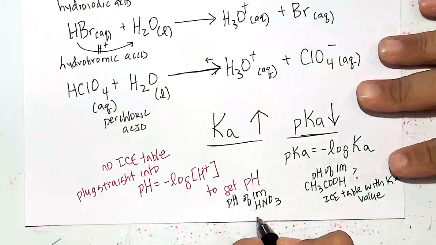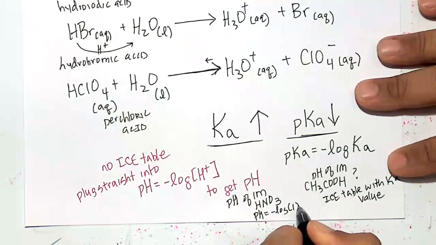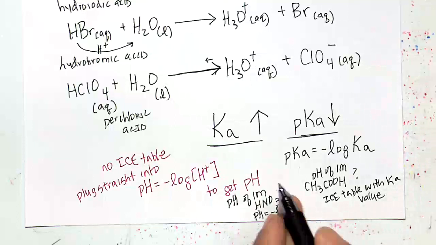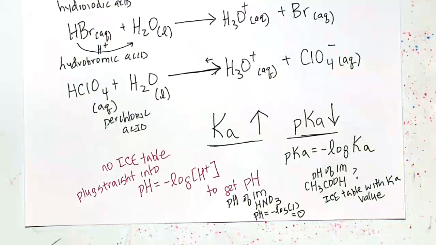Plug it straight into the equation. Very good. pH is minus the log of 1. Okay, whatever that number is. So plug it straight in. 0. The pH is 0. It's a really low pH.